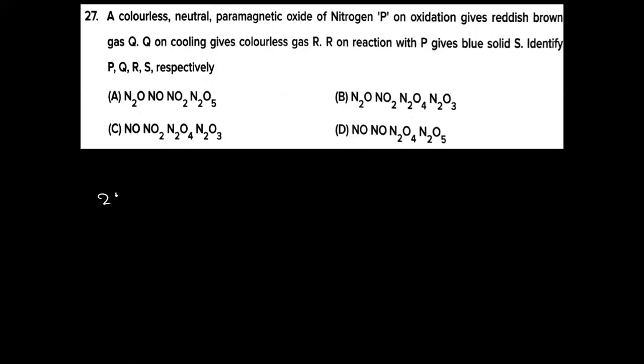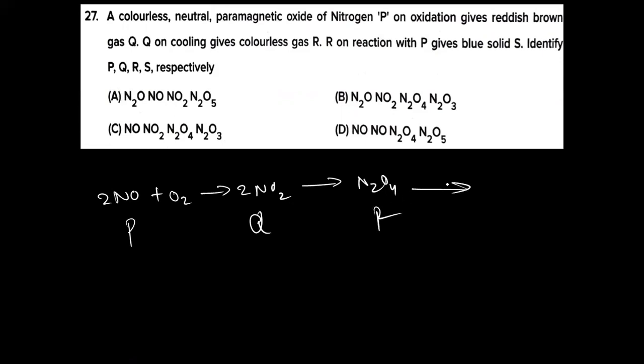Okay, here a series of reactions is given. So when 2NO on oxidation gives 2NO2, NO is P and NO2 is Q. NO2 on cooling gives a colorless gas R, that is N2O4, which is R. Again, on reaction with NO it gives 2N2O3.